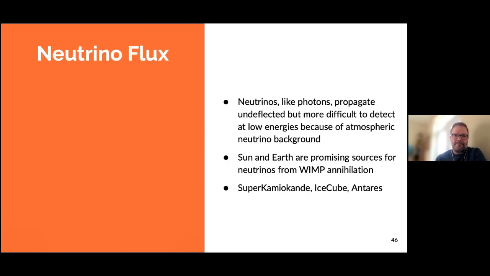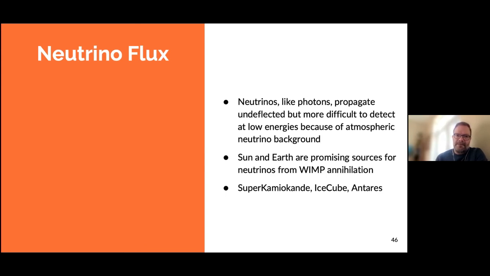Okay, so then we can move on to neutrinos. Just like photons, they propagate undeflected, but as we all know, are much more difficult to detect, just because they don't interact that much. And then at low energies, there are atmospheric neutrino backgrounds. But here, the sun and the center of the Earth even are promising sources for neutrinos that come from WIMP annihilation.